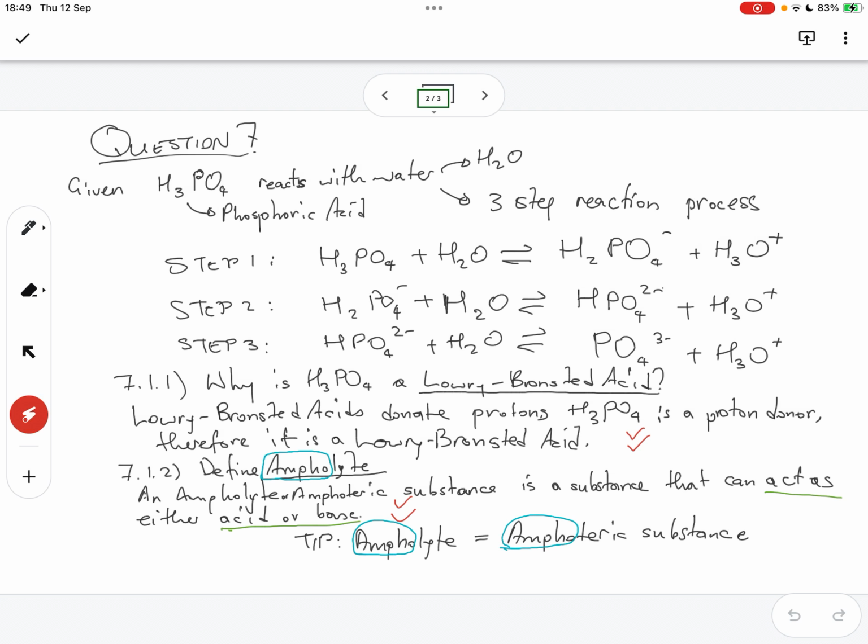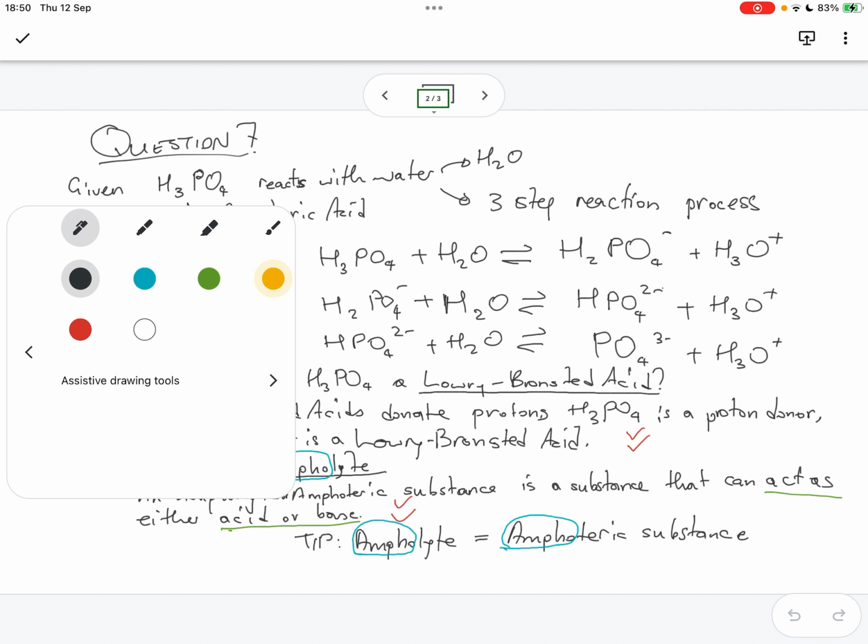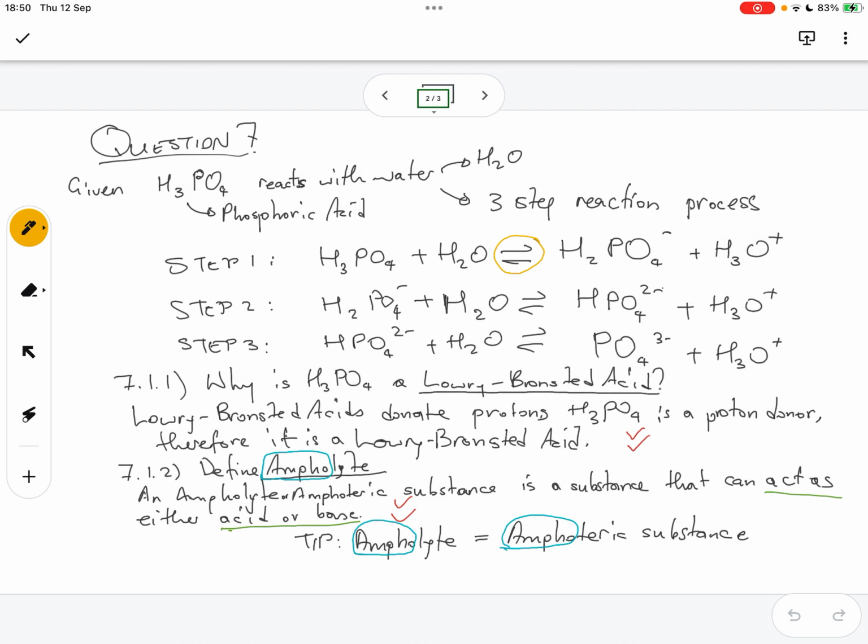Not really? Oh, okay, it's fine. So this symbol tells us that the reaction is reversible. What that means is that the reaction can go in this direction.